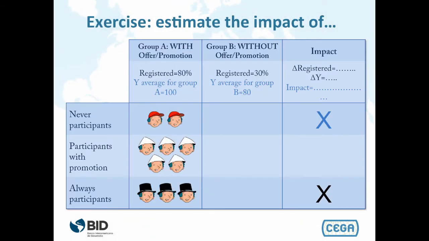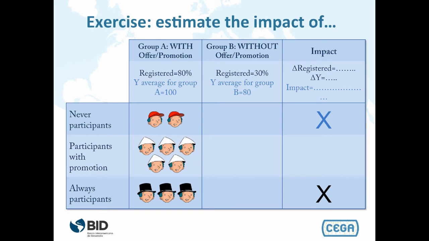Okay. Now, let's estimate the impact of a particular program on an outcome of, say, a cash transfer on candy consumption or food consumption. The rows in this table give us the types of participants. The red hats are the never participants. The white hats only participate if they get promoted.